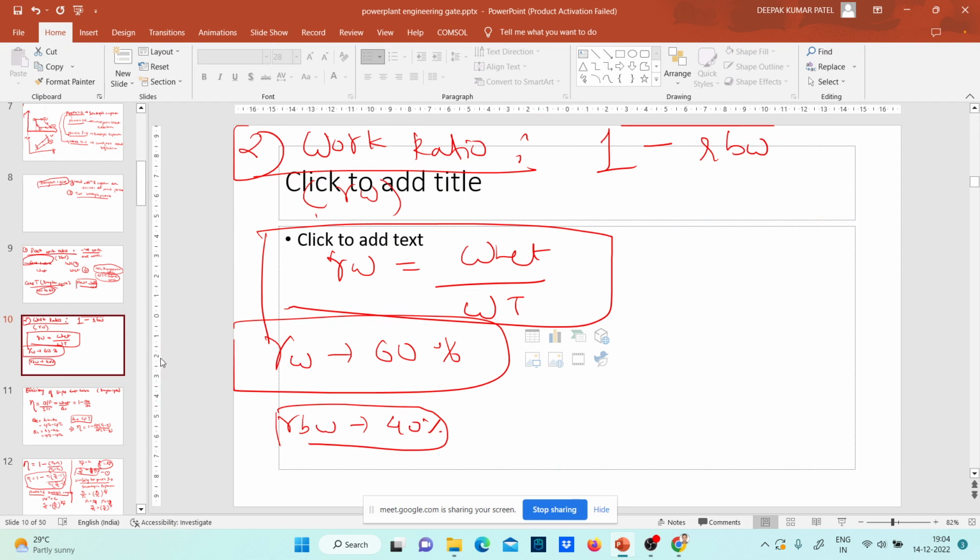What is the problem you are facing here? In one question you said by one way RW equal to 1 minus T1 by T3 into RP power gamma minus 1 by gamma, and by this we solve another question.